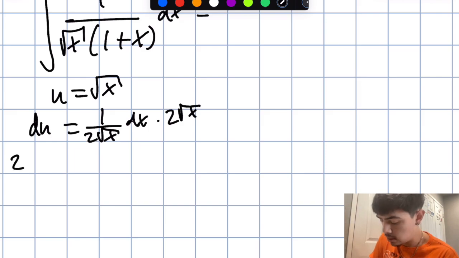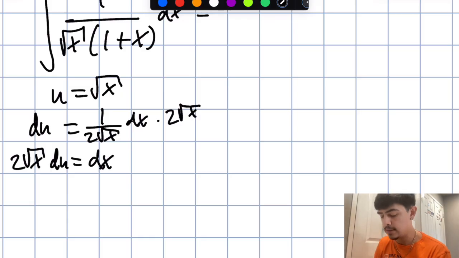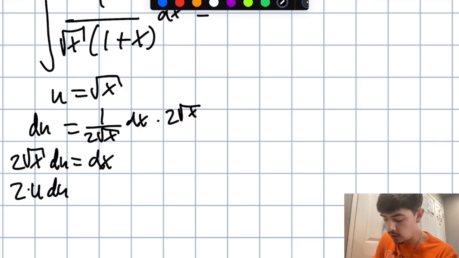So then we get 2 square root x du equals dx. Not bad, but remember what our u sub was. Our u was square root x. What do we have here? Square root x. So we can go ahead and write 2 times u du is equal to dx.